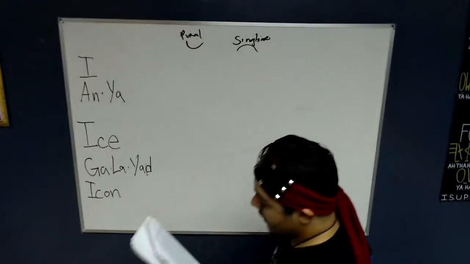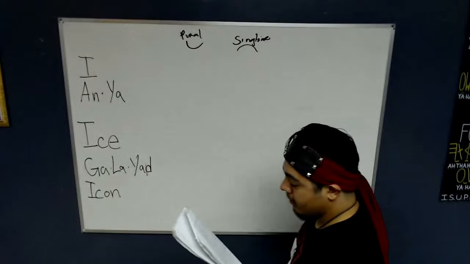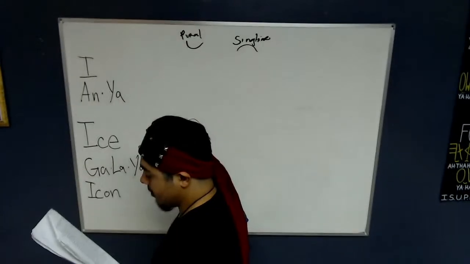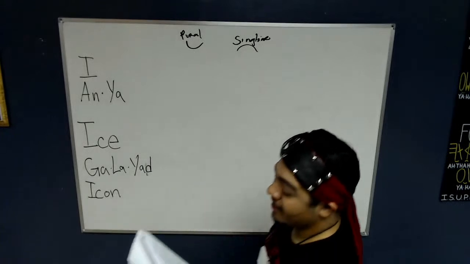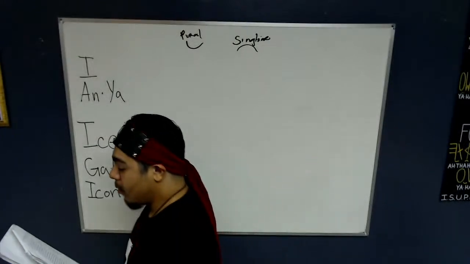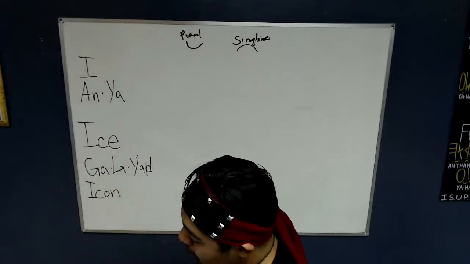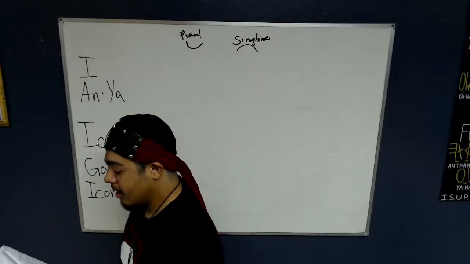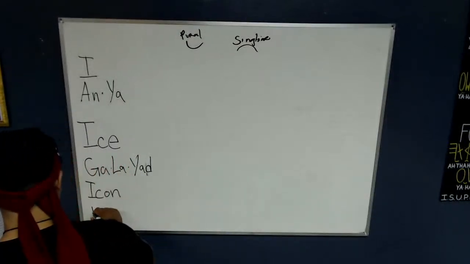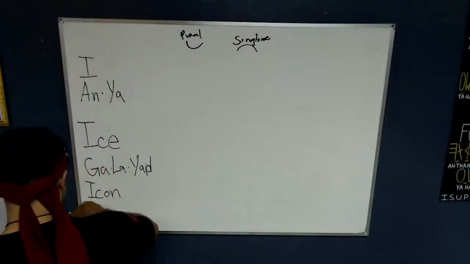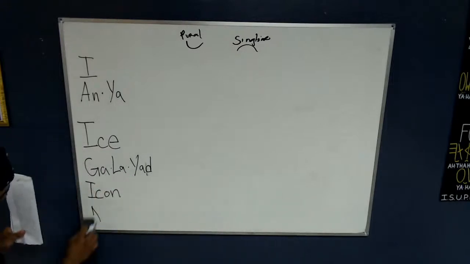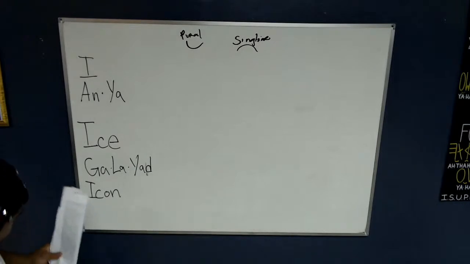Icon. We got Ayako. This is a little big. Ayaka Wanya. It's like Ayaka Wanyan. Well, it's big enough so you can see it.